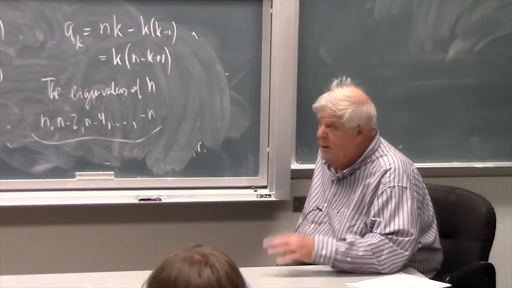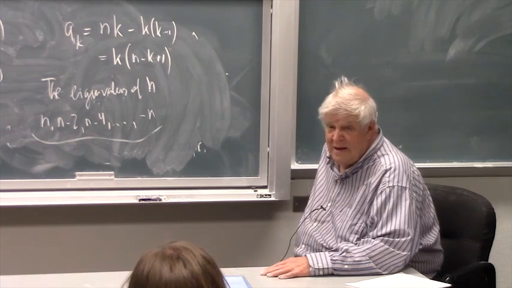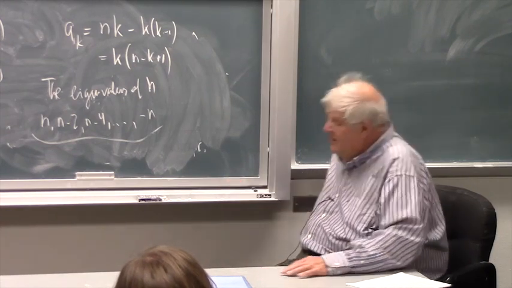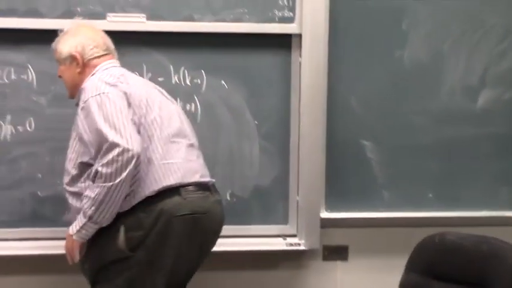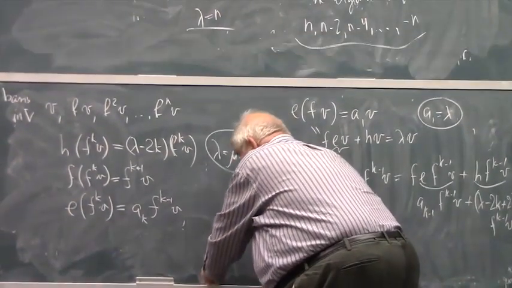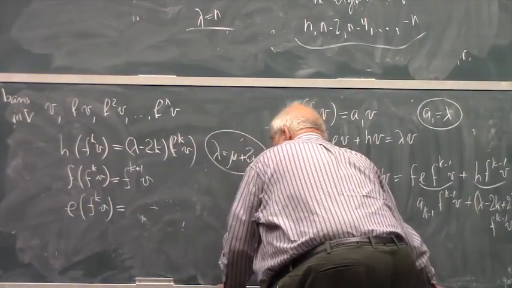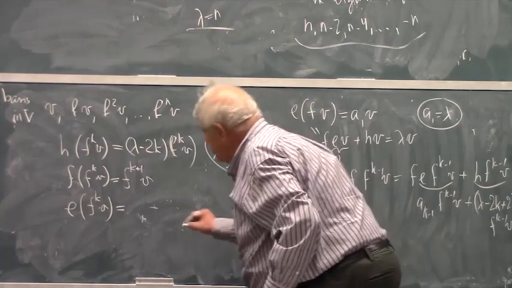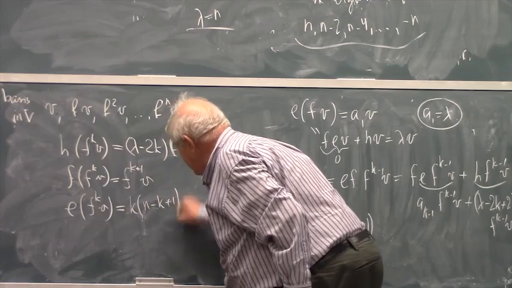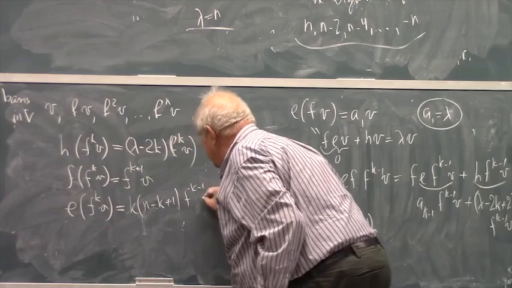Have a basis with some action of E, F, and H. But now, just to make this more symmetric, so this is a_k, and a_k is, according to our computations, k(n minus k plus 1) F^(k minus 1) v.